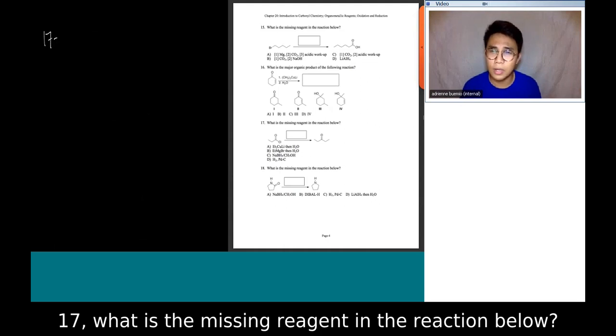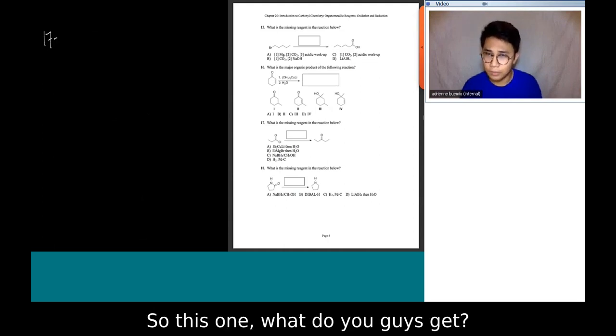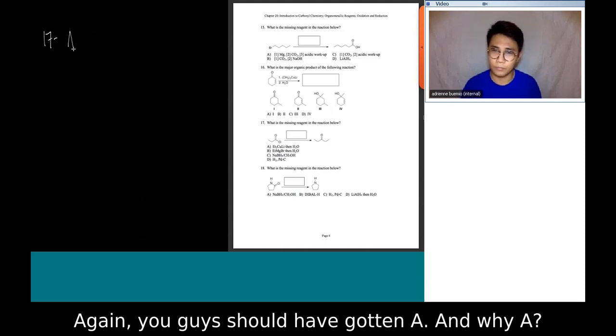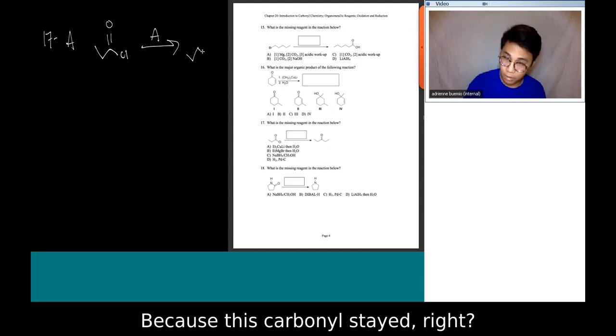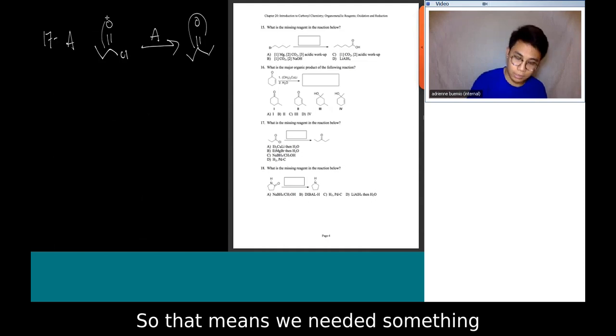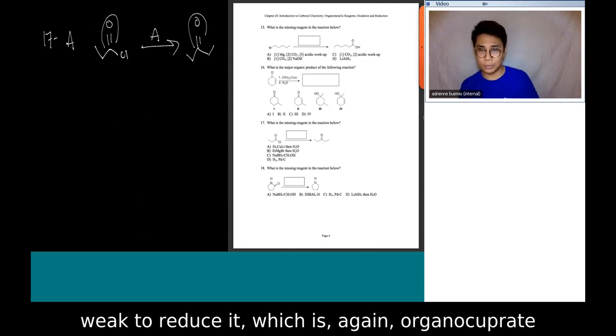17, what is the missing reagent in the reaction below? So, this one, what do you guys get? Again, you guys should have got A. And why A? Because this double bond or this carbonyl stayed, right? So that means we needed something weak to reduce it, which is, again, organic cuprate is the weak one.